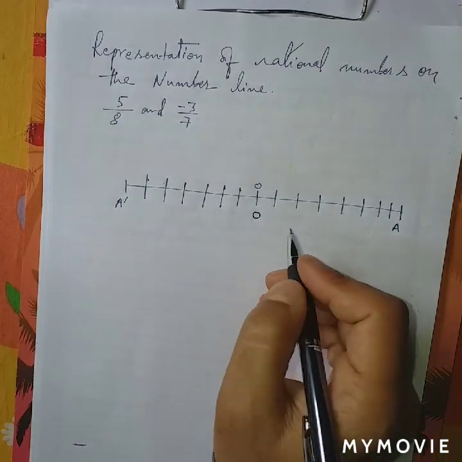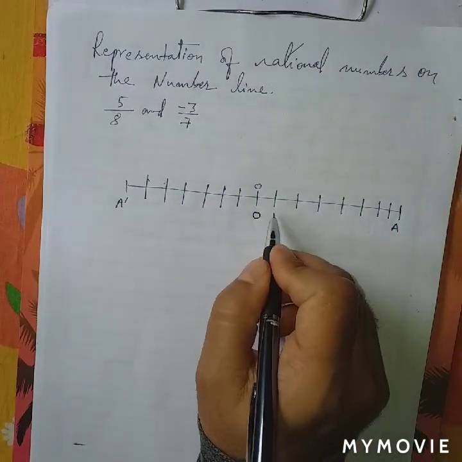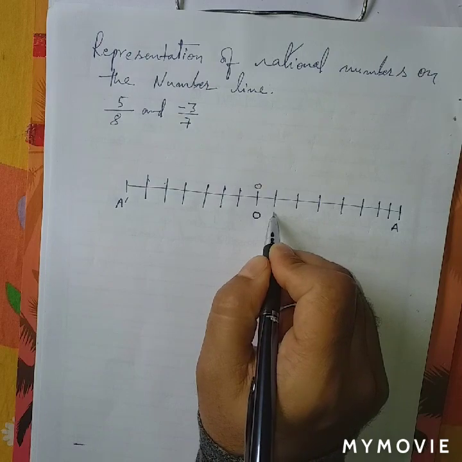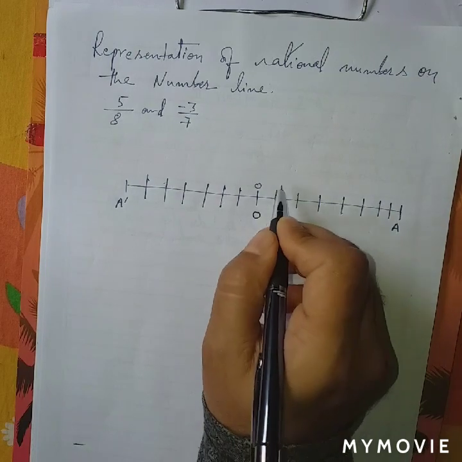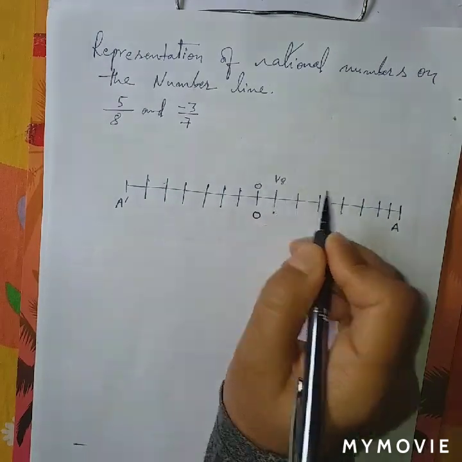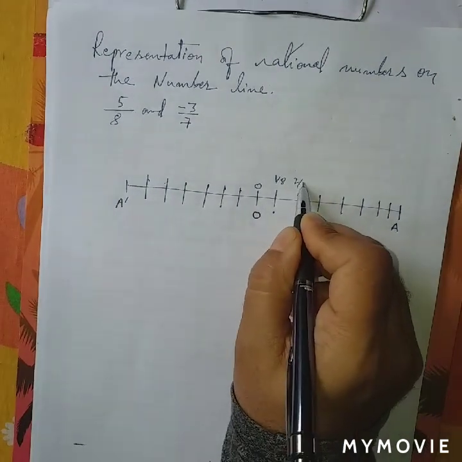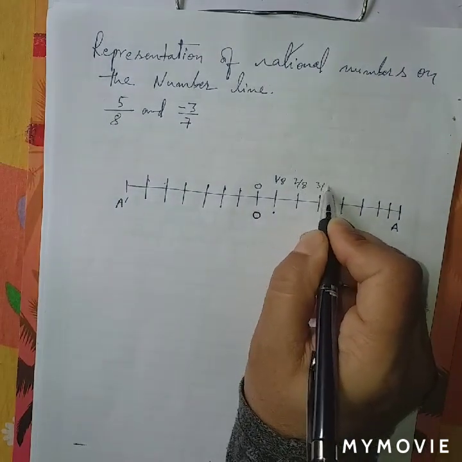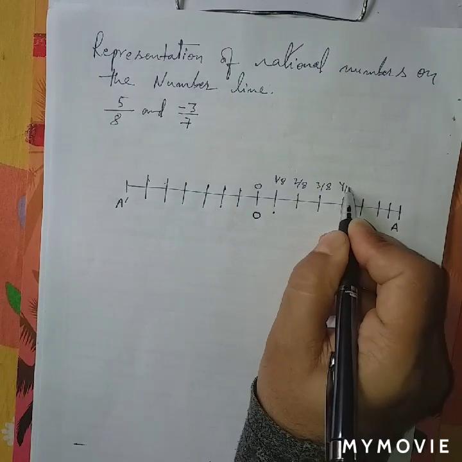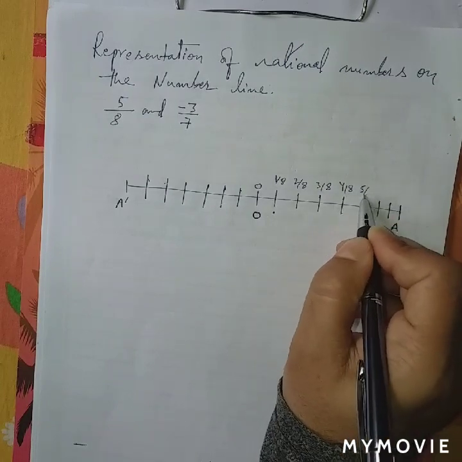So this is 1 by 8. Let me write here 1 by 8, 2 by 8, 3 by 8, 4 by 8, and this is 5 by 8.